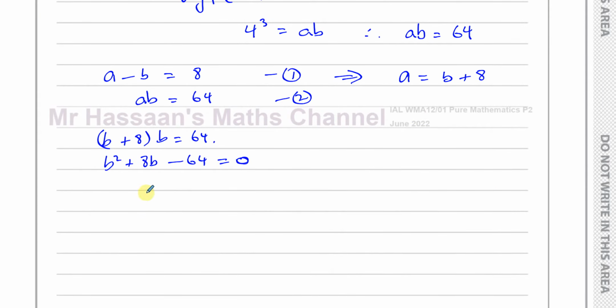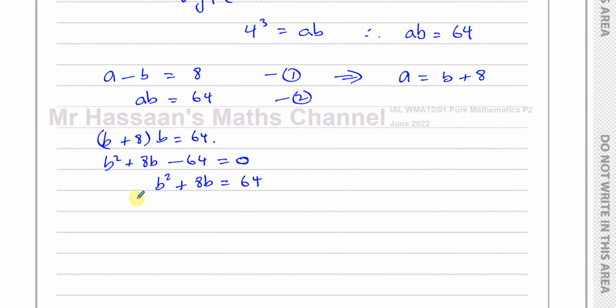What I will do is we can either complete the square, or we could use the quadratic formula. I think this looks pretty simple to complete the square with. So what I do when I'm solving a quadratic equation using completing the square is I like to isolate the b squared and b term, or the letter term, on one side, and the constant on the other side. So I add 64 to both sides, and then I'm going to complete the square.